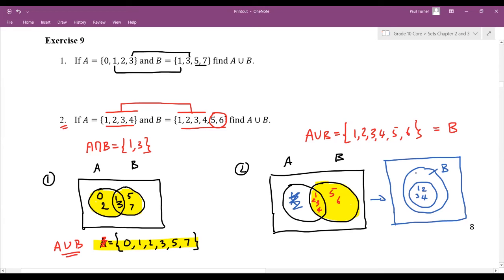And then 5, 6 will be outside. But the answer will still be the same. The union is all numbers added up. So I think in a test, if you've got a missing space, you can try to join your sets. You won't lose marks or anything, but it just looks a bit better having it as a subset. So in this case, A is a subset of B, and we can see that from the diagram.